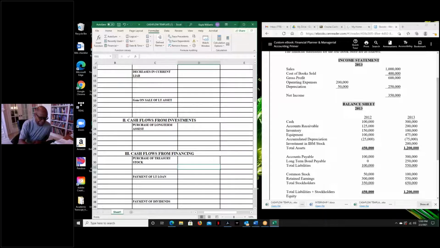Cameron, are you going to help us? How do you calculate the dividend? Based on this information, prepare a statement of retained earnings. If you were doing a statement of retained earnings, what would it look like? What's our beginning retained earnings?